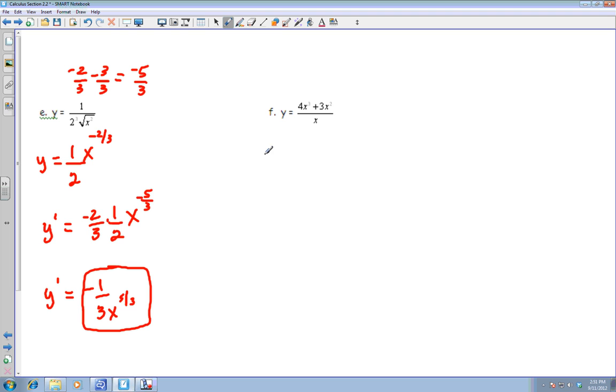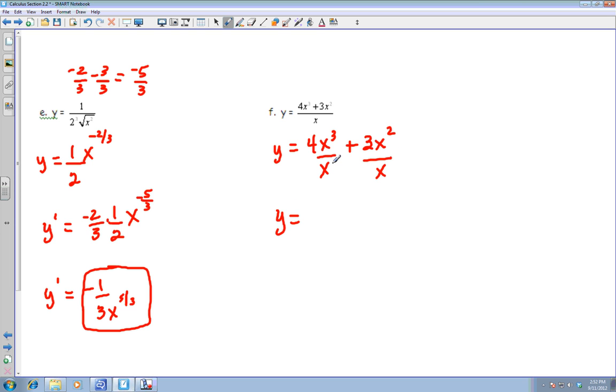Okay, on F. F is kind of different. I have an x on bottom, which I know I can't have. So the easiest way to do this one, to rewrite it, I can rewrite this as 4x cubed over x plus 3x squared over x. So when you do that, look what happens.